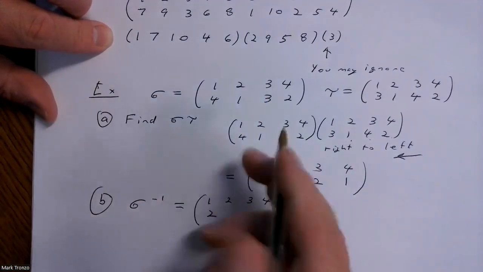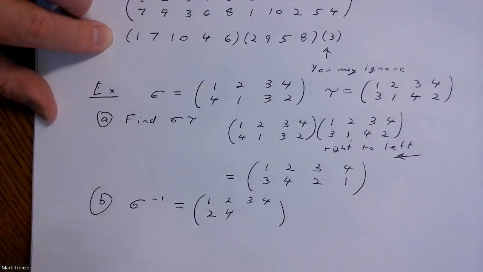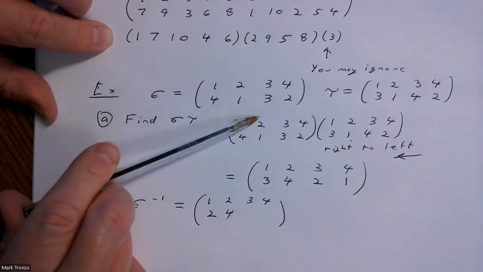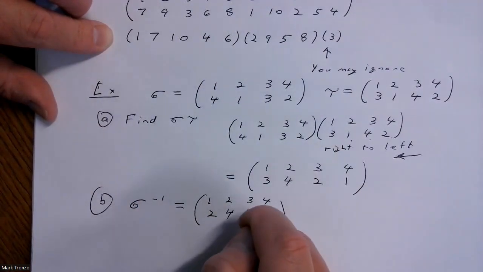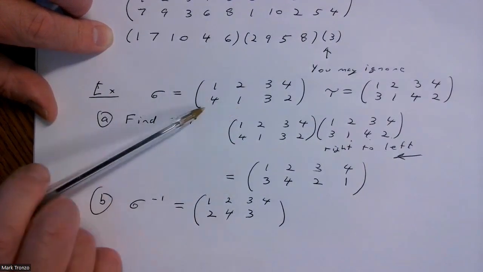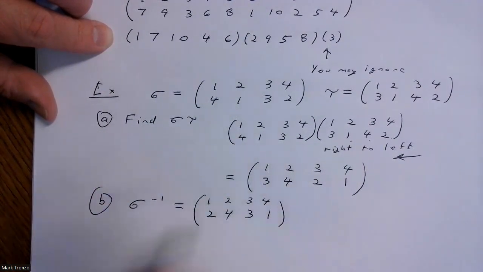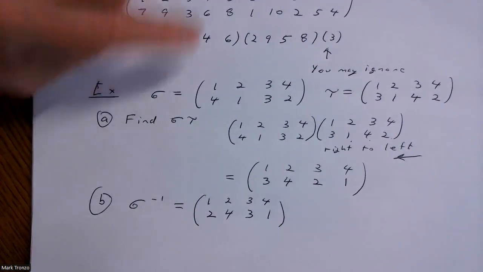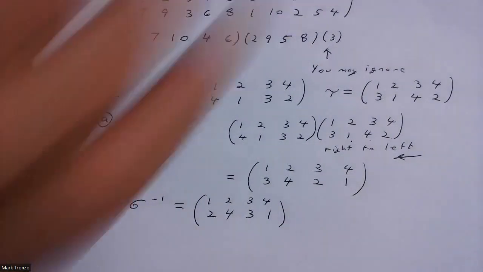Then 2 goes to 4. 3 to 3. And then 4 goes to 1. So just kind of look at the permutation, just go the opposite way.